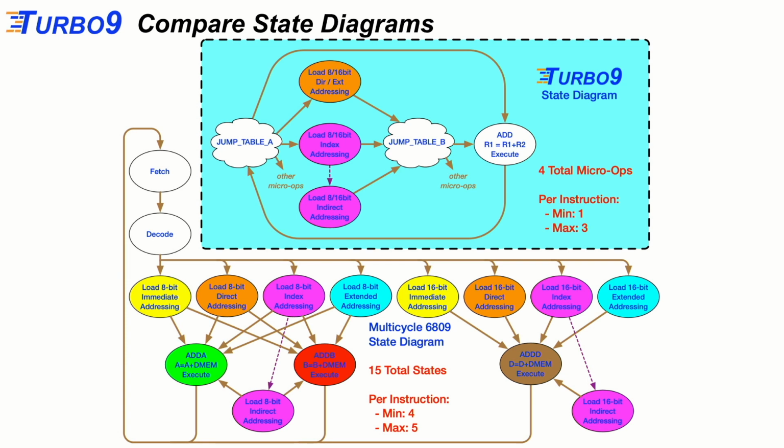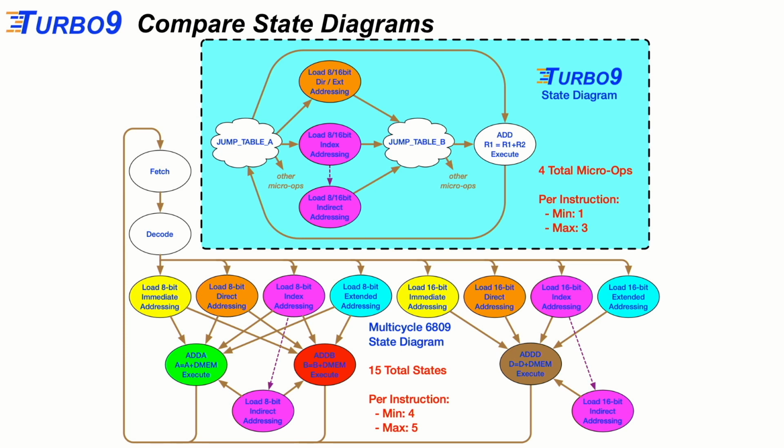For the immediate case, it would jump directly back to the add microcycle, because the immediate data is actually part of the instruction, so that's going to be sitting in the instruction queue. So that would be a 1 cycle operation. And then for a direct, you would come through here, go through your direct addressing, and then to here. So that would be 2 cycles.